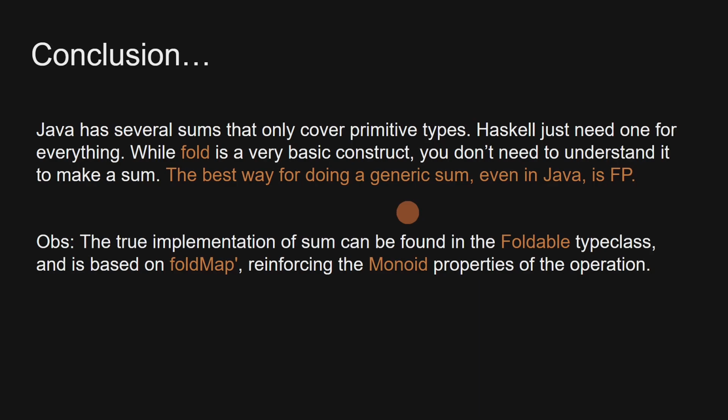Another observation is that the fold I did here in Haskell is not the way it's in the standard library. The implementation is actually in the Foldable type class itself. It's based on foldMap, reinforcing the monoid properties of the operation. I'm not going to get into details because that's a whole other video, but it's close enough.